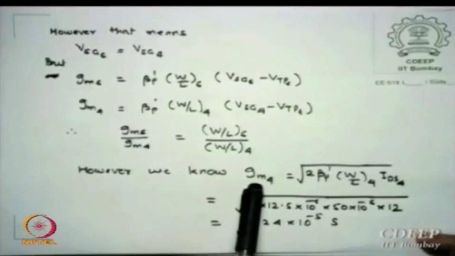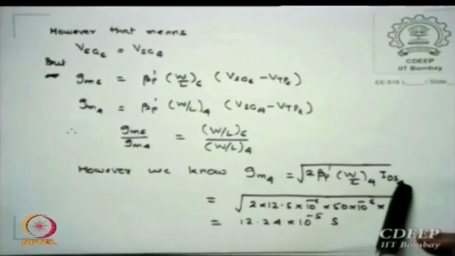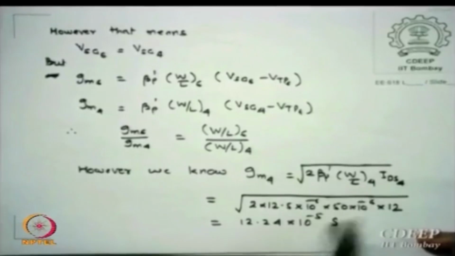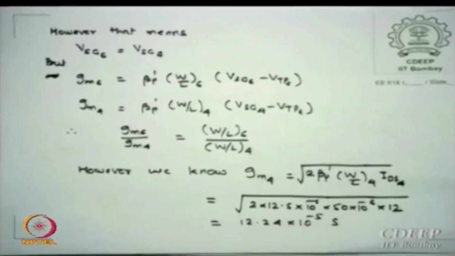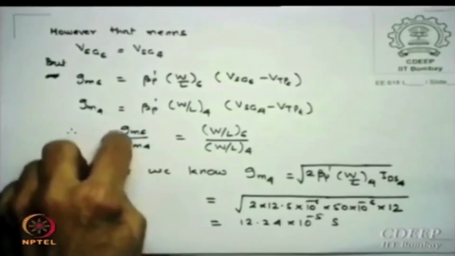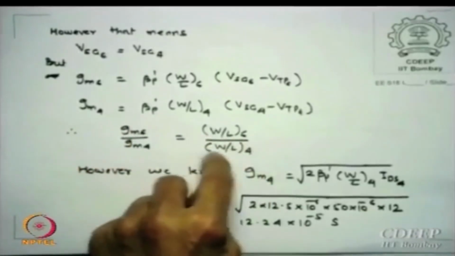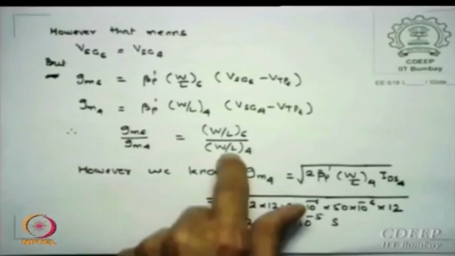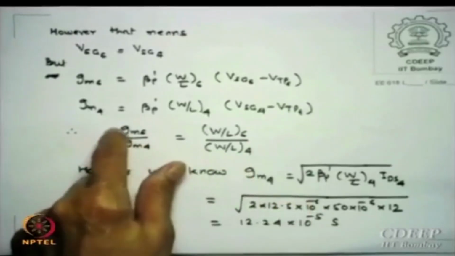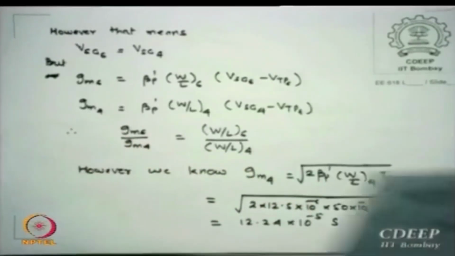gm4 I can calculate. Why? Because I know this current, I know the size, so I calculate this as 12.24 × 10^-5 siemens, or 122 microsiemens. gm6 by gm4 is the ratio of W by L6 by W by L4. This I know, this I know, this I know.